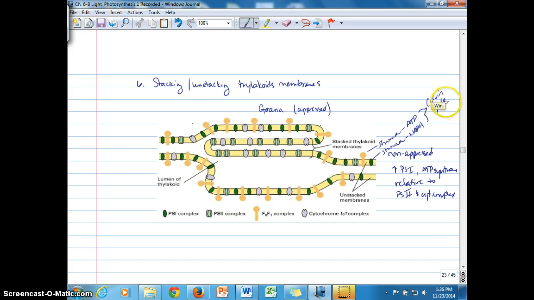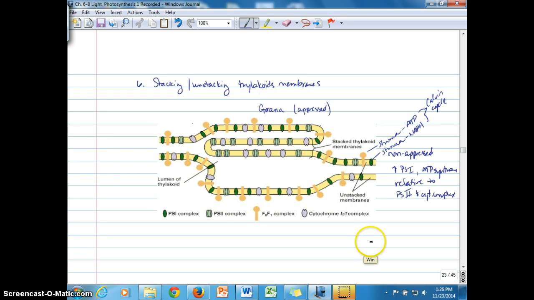And so the activity of the Calvin cycle may also govern the arrangement of these thylakoids. As more ATP and NADPH are required, there may be greater unstacking as well. So a couple of different reasons why we have that dynamic influence of these different aspects of the light reactions in terms of what the demand is and how their morphology changes.